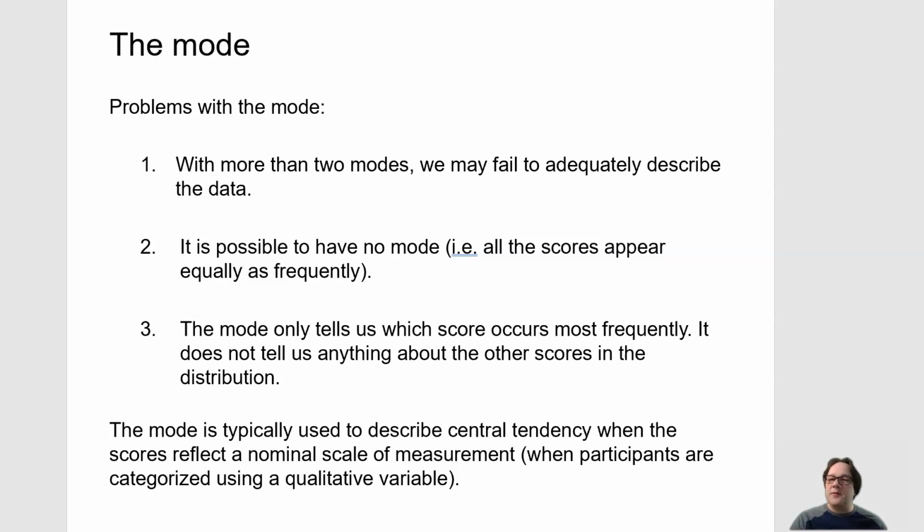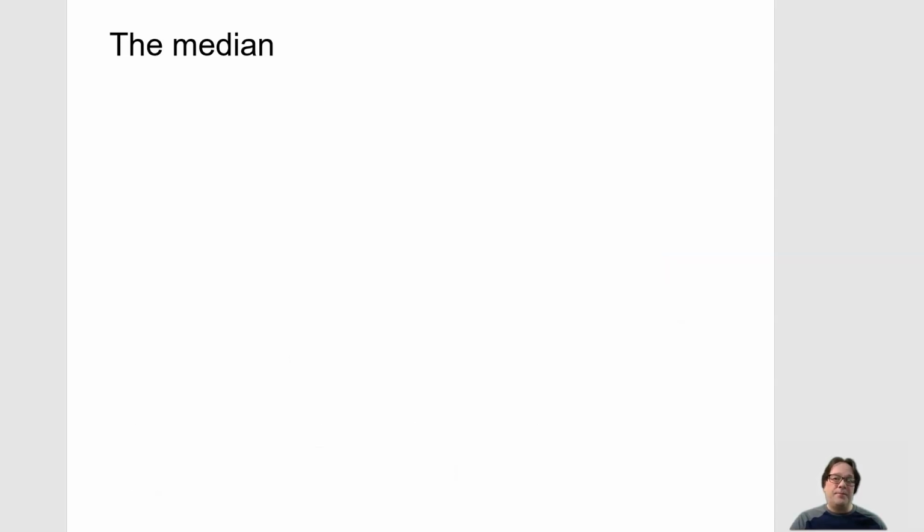If we were dealing with groups of participants, we might use the mode as a measure of central tendency because it's going to tell us which group is occurring most frequently, or which group has the most participants in it. Other than that, using the mode for a continuous variable is not going to be all that useful.